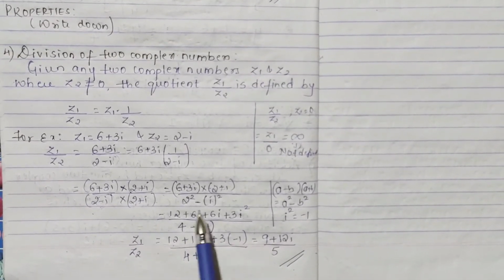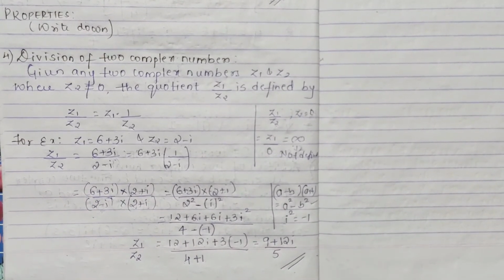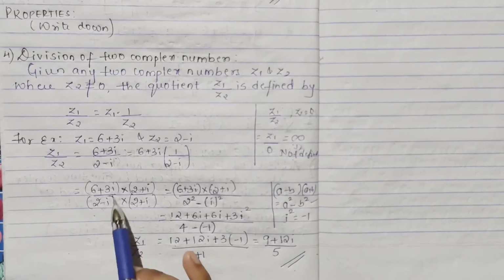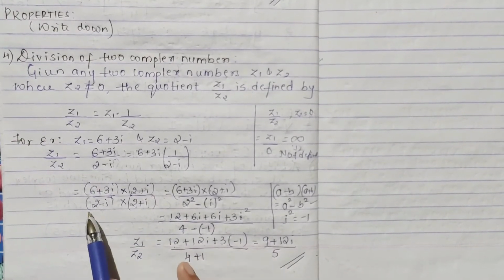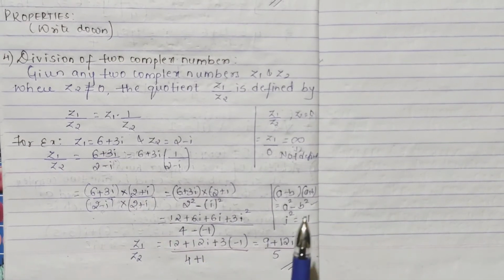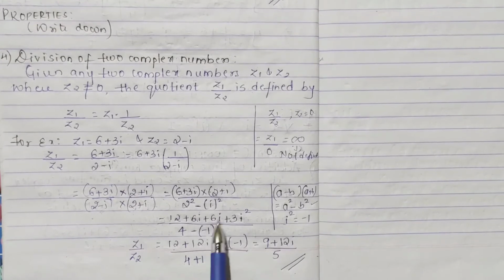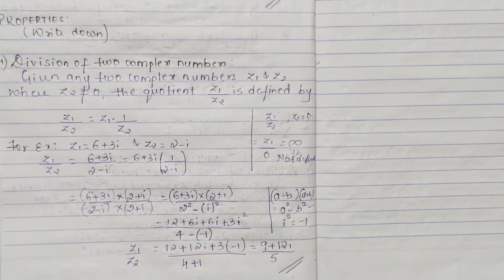That's it. And here always your identity will be this only, a square minus b square. Directly you can apply. Whenever you see a minus b, a plus b, directly you write a square minus b square. And always your i square will be minus 1, so you will get the denominator as a real number only.